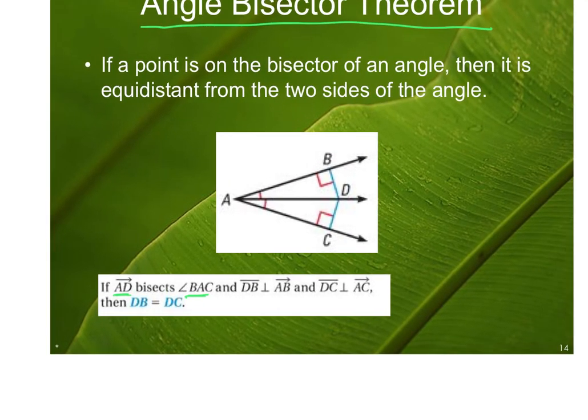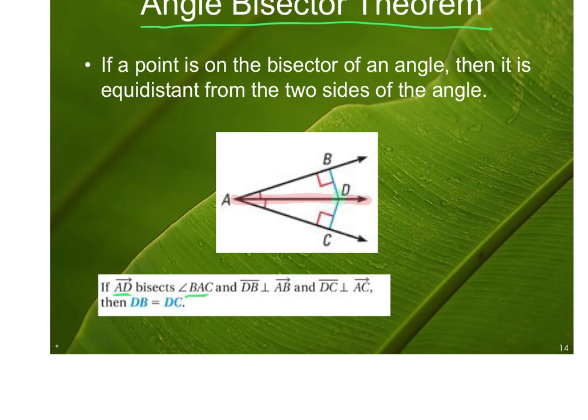So AD is this ray. If that bisected our original angle, which was BAC, then the two angles formed from that need to be congruent. Any point on AD is the same distance from those two sides of the angle.